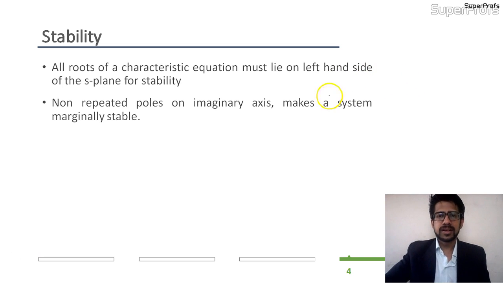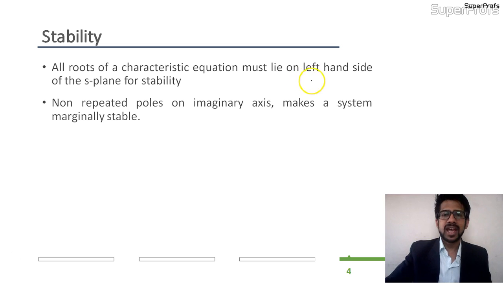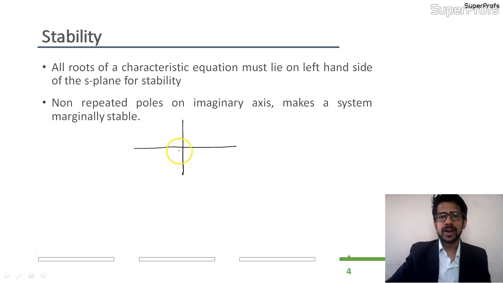This is written on this slide. All roots of the characteristic equation must lie on the left hand side of the S plane for stability, as I described, and non-repeated poles on the imaginary axis make a system marginally stable, because these systems are very close to stability and also instability.